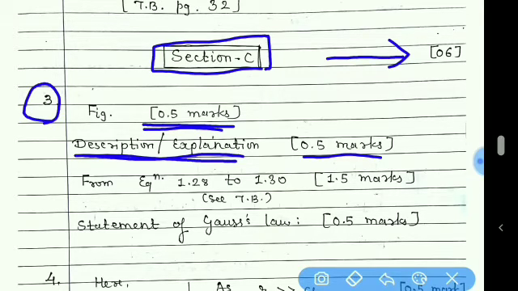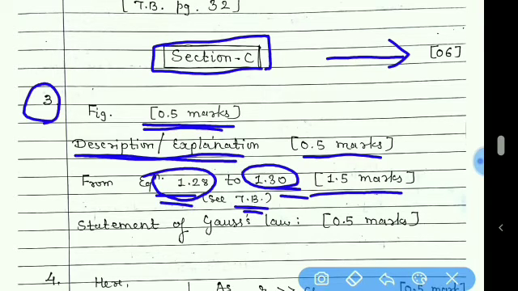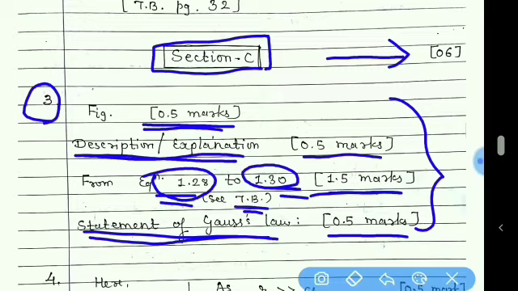And there is an equation and the mathematical steps. So writing or starting the equation from equation number 1.28 to 1.30 of your textbook, you can expect 1.5 marks for it. And then at last the statement of Gauss law, 0.5 marks. So in all 3 marks.